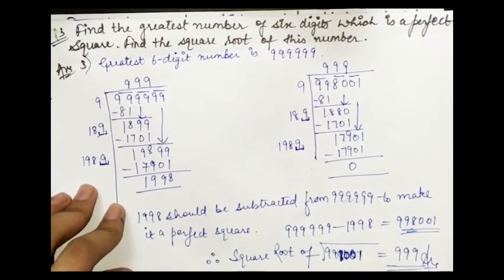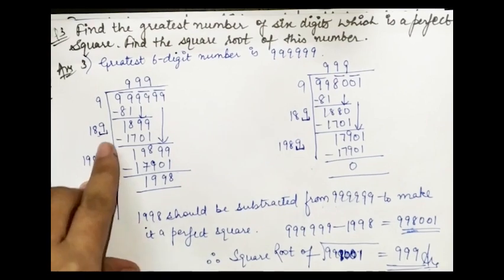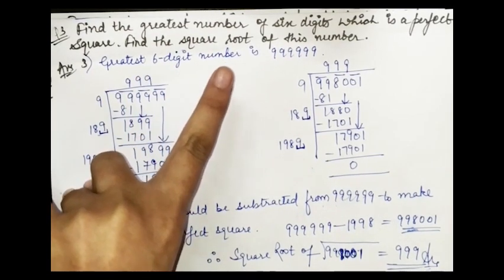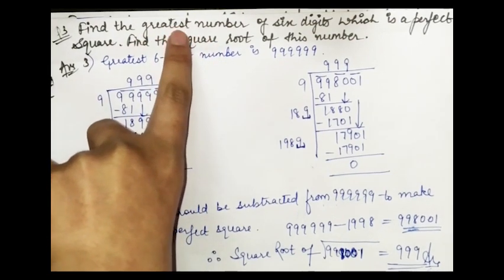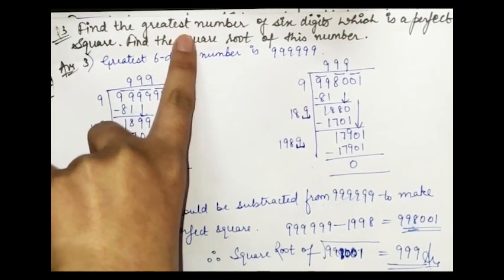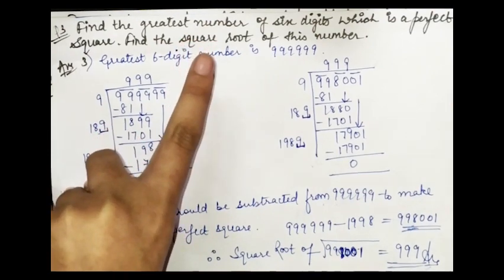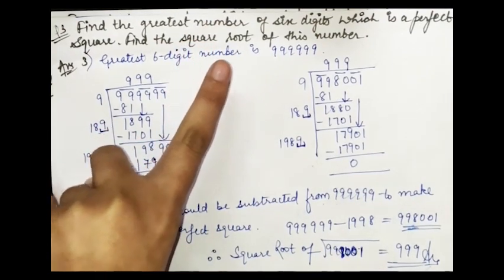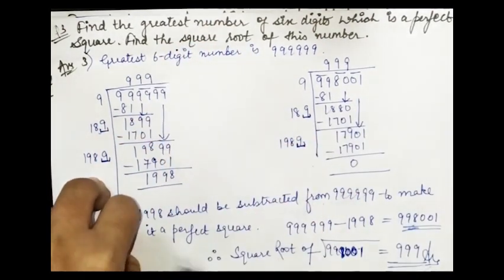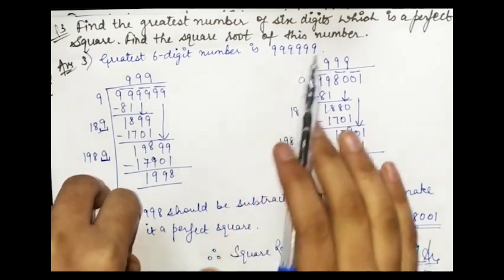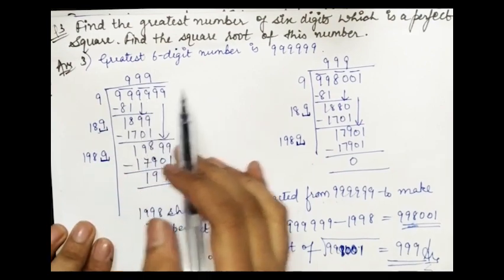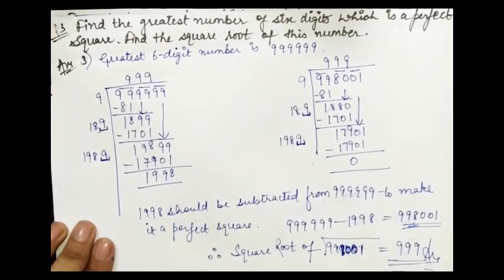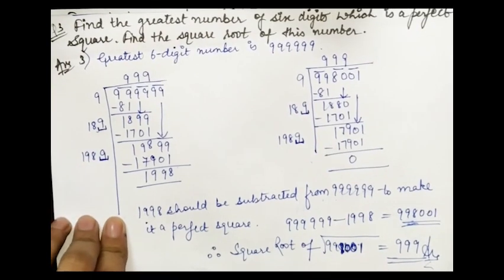But in the fifth question it is asking to find the least number of 6 digits, मतलब greatest की जगह हमने least कर दिया, and you all know that the least number is 100000 and 6 digit which is a perfect square. Similarly to this question, also find the square root of this number. Here instead of 999999 you just have to take 100000. Okay, and then you have to do similar to this only.